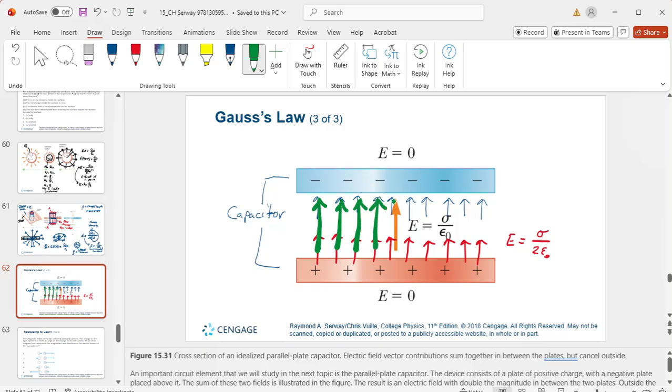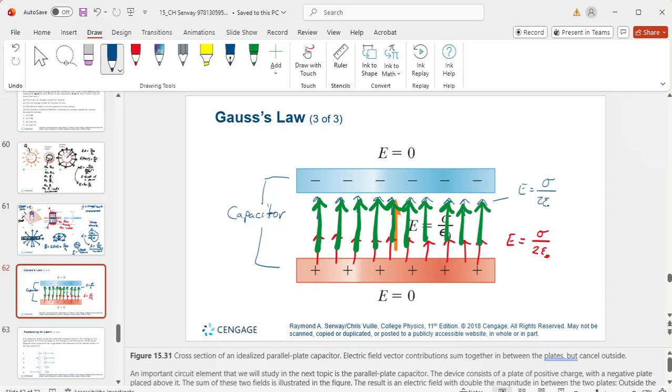And if both plates are contributing sigma over 2 epsilon naught, the negative plate is contributing the same amount if we assume that it has the same amount of charge and their areas are the same.